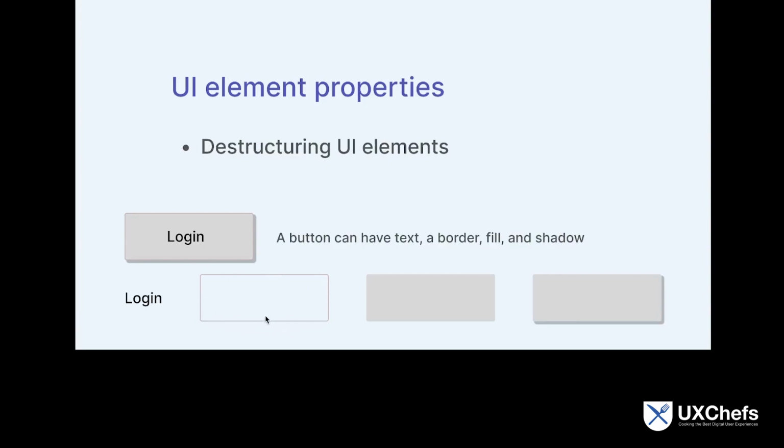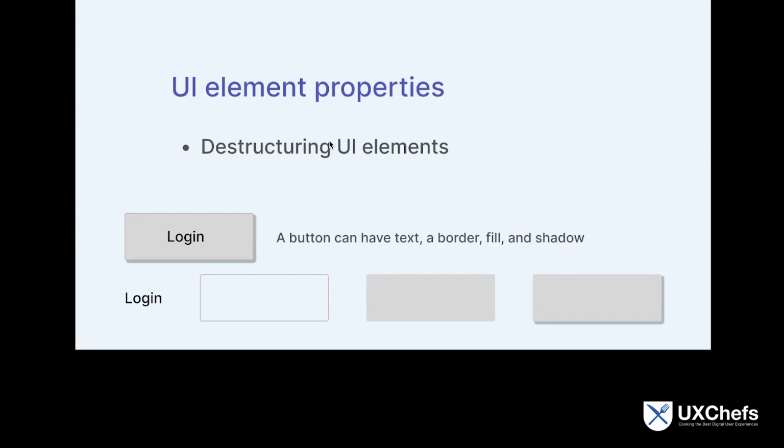They can have a border, they can have a fill, and they can have a shadow, which is this sort of dark edge that you can see on this specific button. You have to understand that most elements share these properties, and as a designer, you need to start destructuring UI elements. You need to start destroying them.